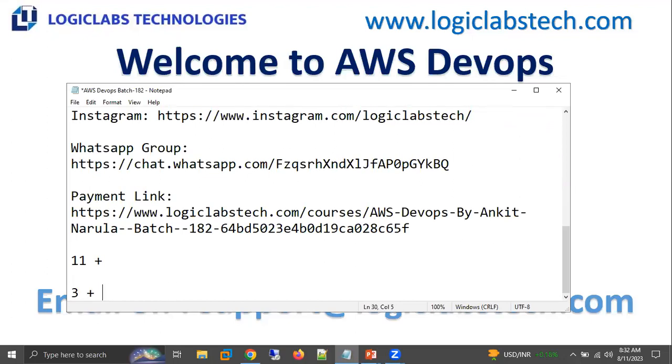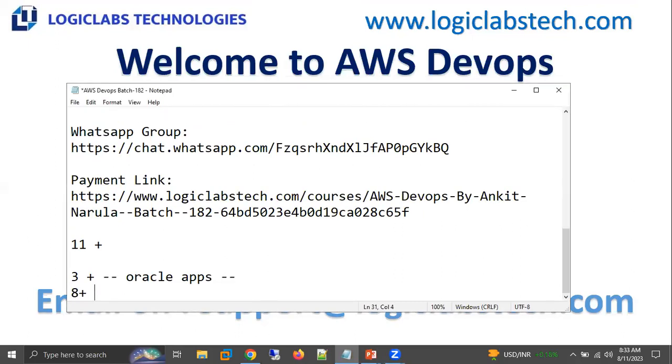Out of this, in the first 3 years, I worked in Oracle Apps as a techno-functional consultant, where we were writing SQL queries, PL/SQL queries, modifying forms, and generating reports as per our client requirements. And for the last 8 years, I'm working on the topmost 2 cloud platforms in the market, AWS and Azure.